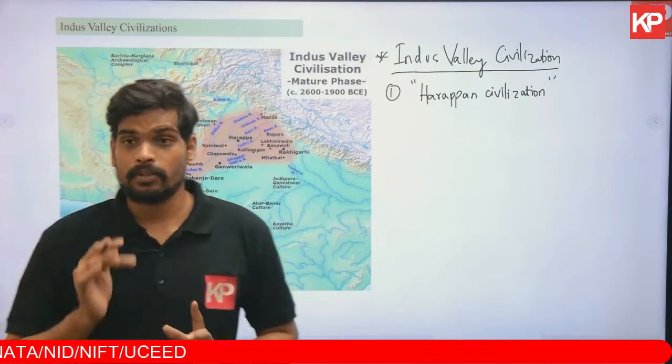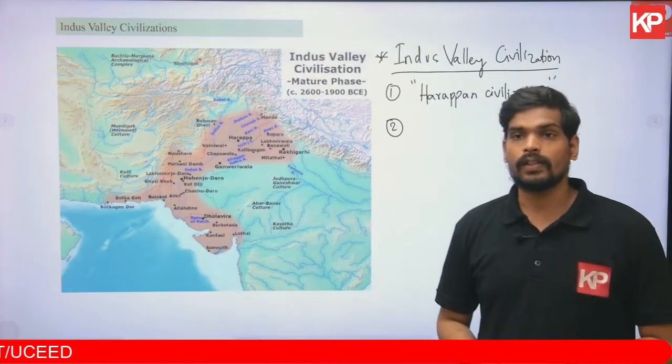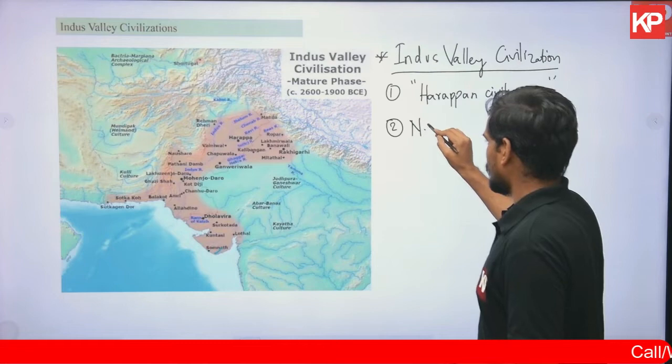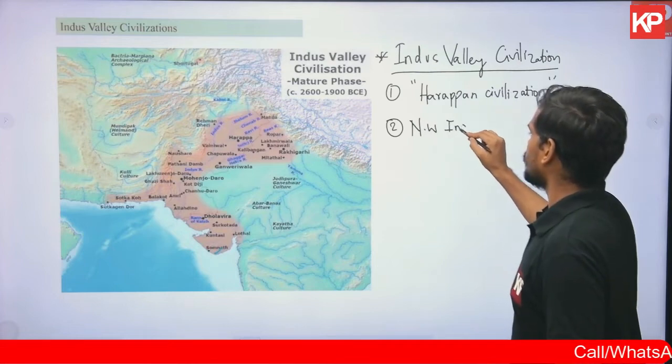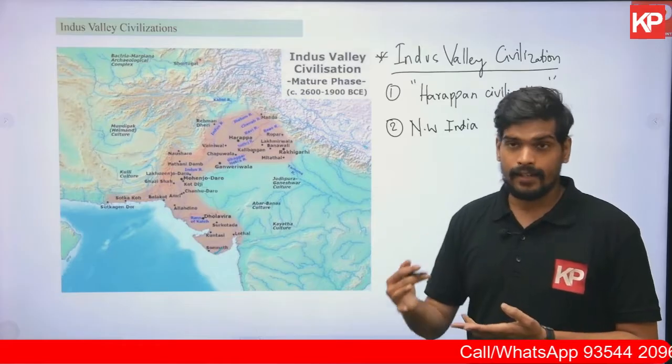Point number 2, with respect to geography, which you have to remember, is that it is spread along the northwestern part of India and portions of Pakistan, including the states of Punjab, Gujarat, Rajasthan, Haryana, and also present day Pakistan.